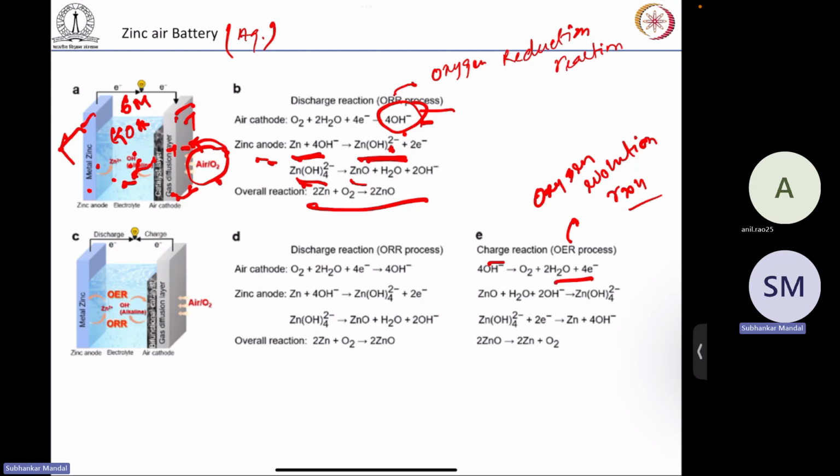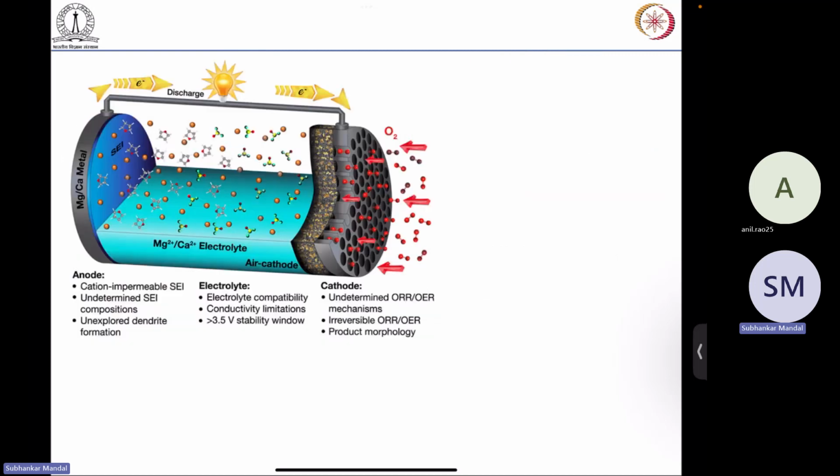Initially your air is there, and after reduction and then charging you are getting O2. So whatever you give initially, after charging you get the same thing back. That is how the air battery functions.